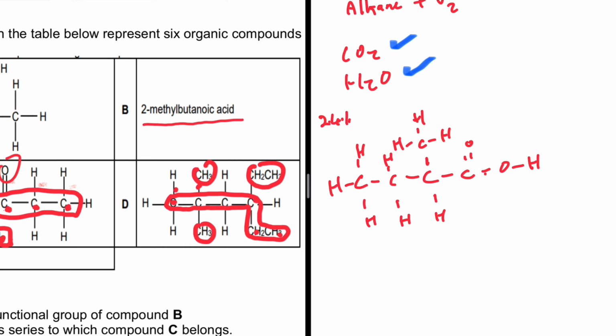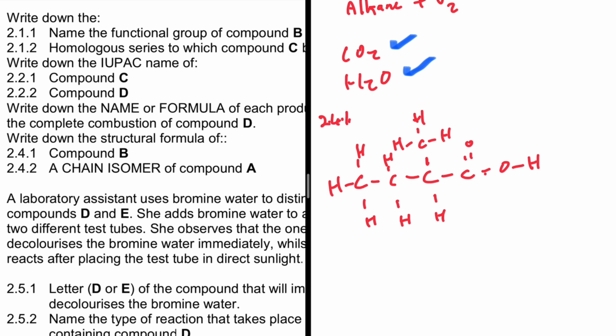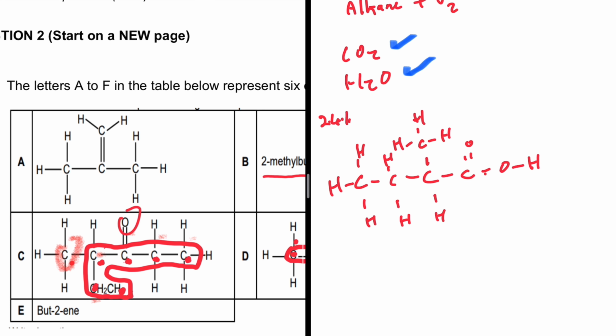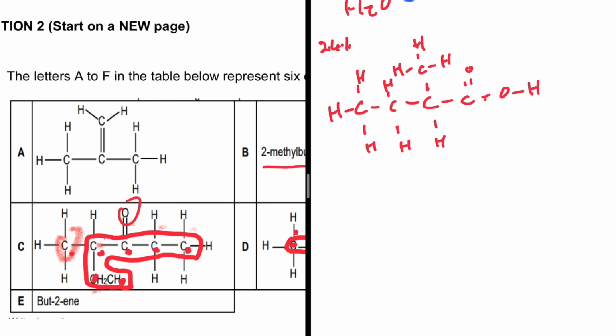Right. 2.4.1. Let's go ahead and do 2.4.2. Structural formula of a chain isomer of compound A. Compound A is an alkene, right? So structural chain isomer is same molecular formula but different chains. So we can just write the but-2-ene, because we're gonna have the same molecular formula but different position of the functional, but different chains. I'm sorry, that is different position of functional group is functional isomer.